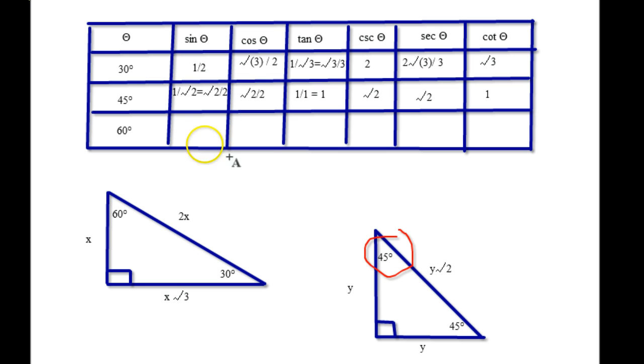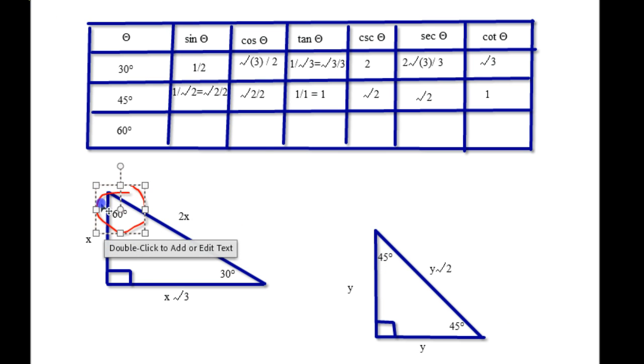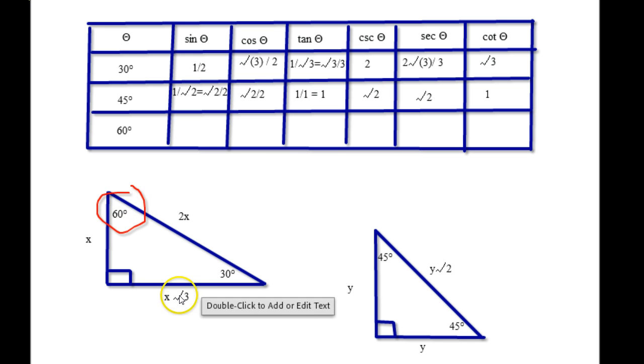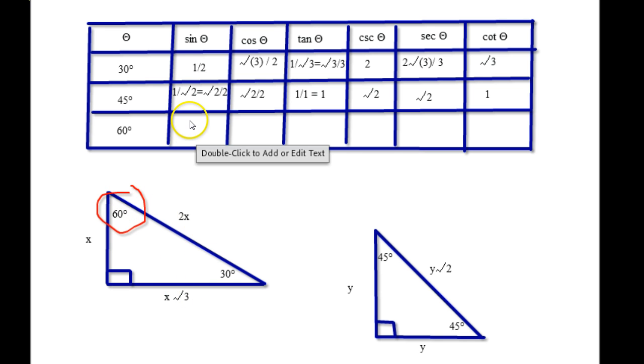Okay, now what I'm going to do is shift my focus from the 45 to the 60 and just work across that way. Okay, so this is going to be opposite, so x root 3 over 2x. Well, isn't that a lot like that one? I mean, because I just remember just doing that. So let's just go ahead and simplify it as is. So sine is square root of 3 divided by 2.